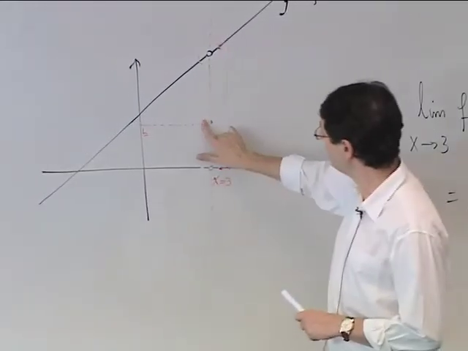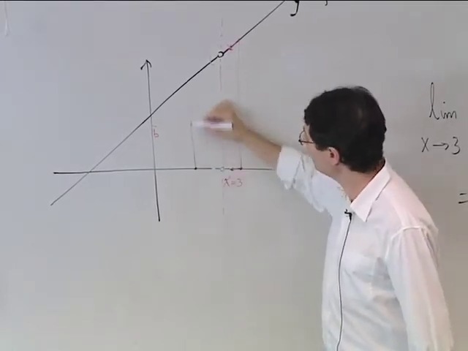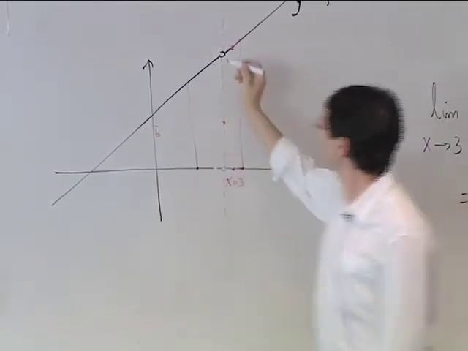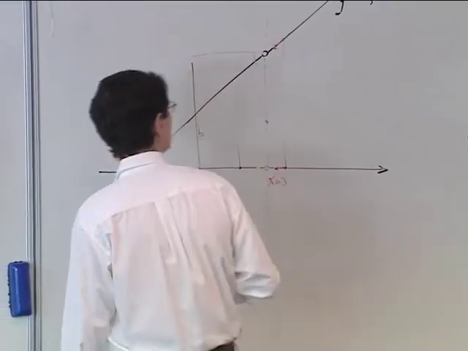What if I had done it from the left side? If I had started, say, here, going up there, this is height 6. Okay?